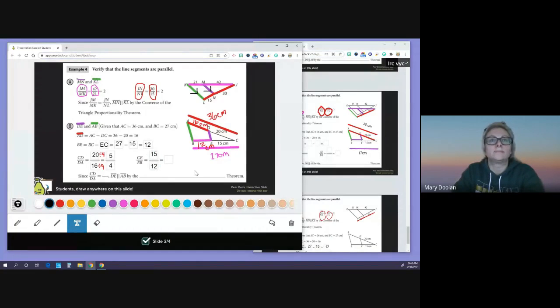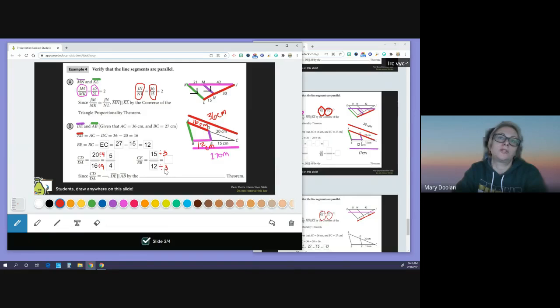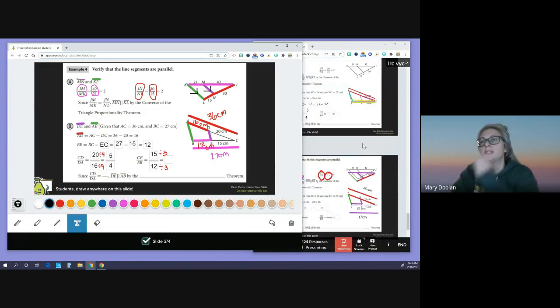And now the question is, does 15 over 12 also simplify to 5 over 4? So we want to divide out our common factor. If I look at 15 and 12, they have a common factor of 3, which I think is the greatest common factor. So if I divide 3 out of the top and the bottom, I'm going to get a new fraction. And does that fraction equal that fraction? What is it going to be?